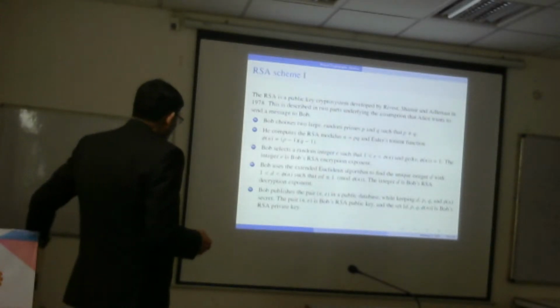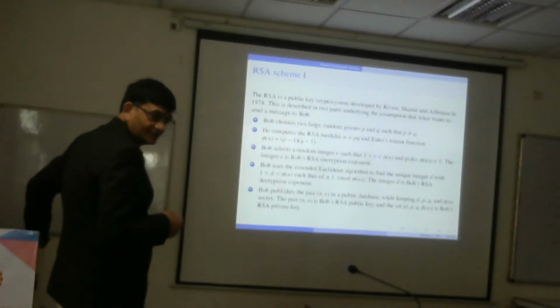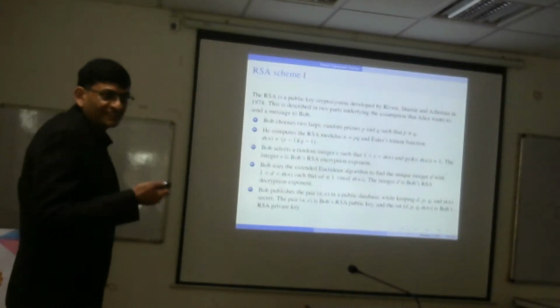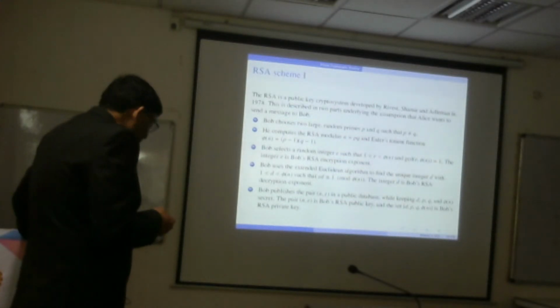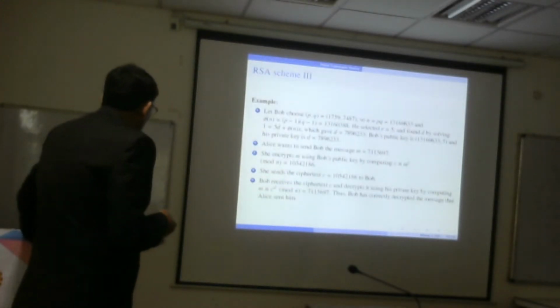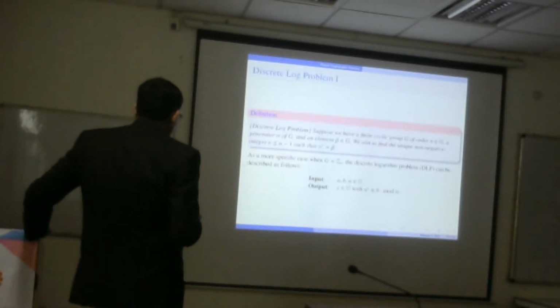So we can compute phi(n) and find the inverse. But if you don't know the factors of the product, then we cannot find it. The whole problem relies on this. Okay, so this is the example of RSA I wanted to discuss.